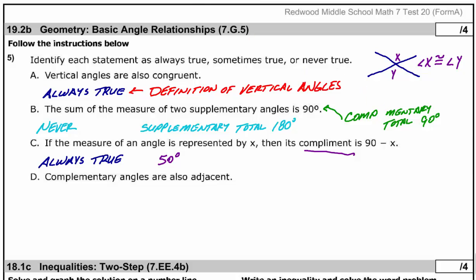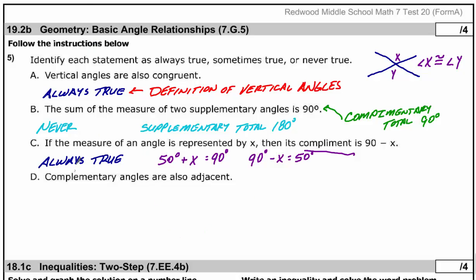I just realized I spelled that with an E instead of an I. There we go. If you had an angle that was 50 degrees, its complement is going to be 50 plus what? Let's call it A for angle, equals 90. Well, I guess I should call it x since we're using x in this question. So let's call it x. 50 plus x equals 90. Well, then if 50 plus x equals 90, 90 minus x equals 50.